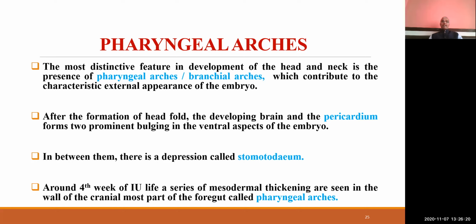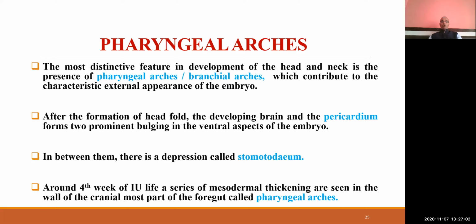After the formation of the head fold, the developing brain and the pericardium form two prominent bulges on the ventral aspect of the embryo. The pharyngeal arches form between the stomodeum and the pericardial bulge. The stomodeum is the depression present between the pericardium and the developing brain.